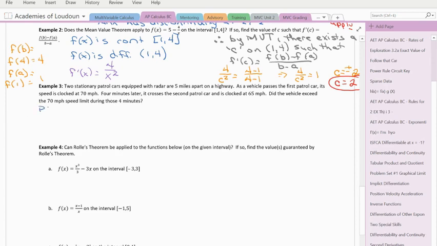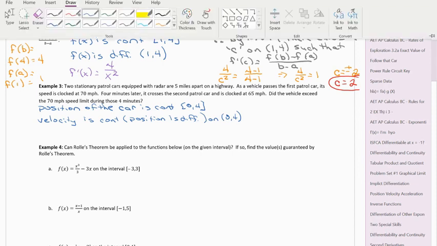So we know that the position of the car is continuous on 0 to 4 minutes. We know that the function is differentiable because the car keeps moving, so the velocity is continuous, which means that the position is differentiable on 0 to 4.